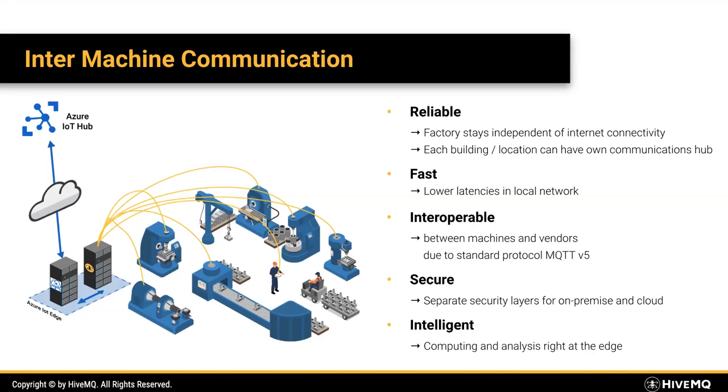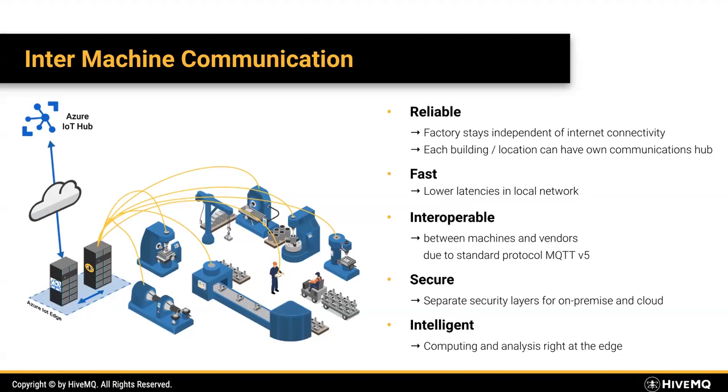Here, it gives you a few advantages, especially the advantage that your factory stays reliable. It's completely independent of any internet connectivity, and even if you don't have any internet connectivity, your machines on that shop floor can still talk to each other, and they can still do it with an open standard protocol. Yeah, it also is very fast. It's interoperable.